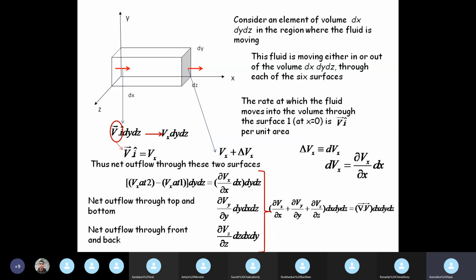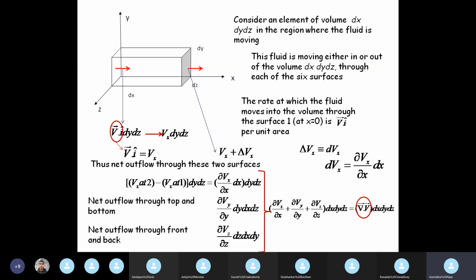Now what is dx dy dz? Dx dy dz is the volume of this rectangular parallelepiped. So if you are asked to find the net flow through unit volume, you have to divide by the volume and you are left with divergence of V. This term is the rate at which fluid moves into a volume and leaves the volume.